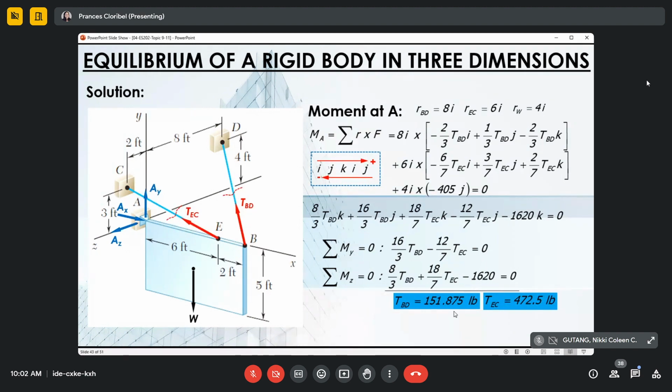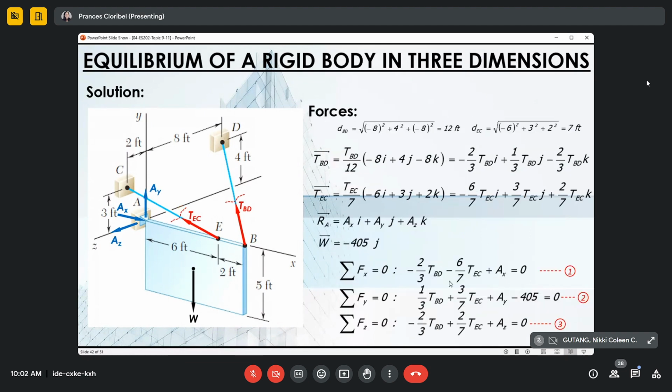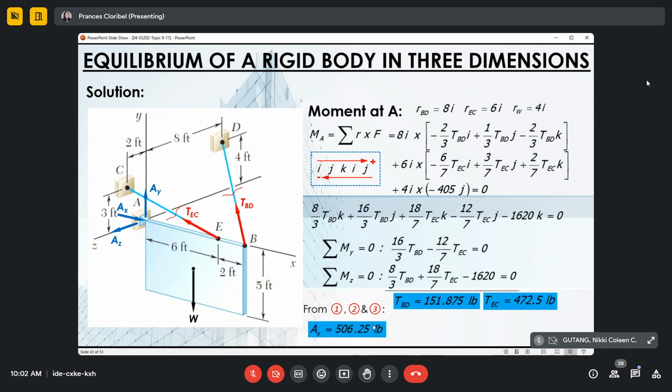Recall that from equations 1, 2, and 3, once we have tension BD and tension AC, we get Ax, Ay, and Az. We substitute here to get the magnitudes. Our Az is negative, which means the direction we assumed towards the positive direction should be reversed.